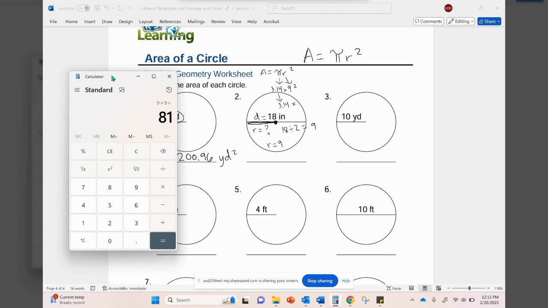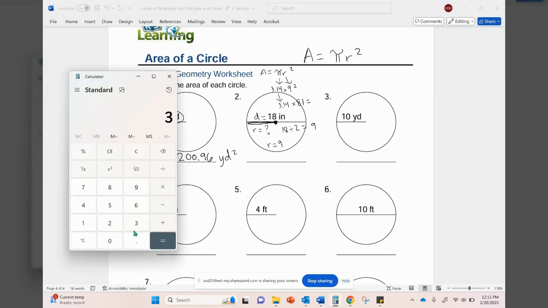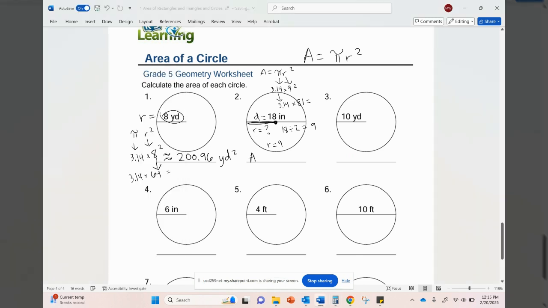So 3.14 times 81 equals 254.34. So area is approximately 254.34. Yeah. And then it's inches, so inches squared.